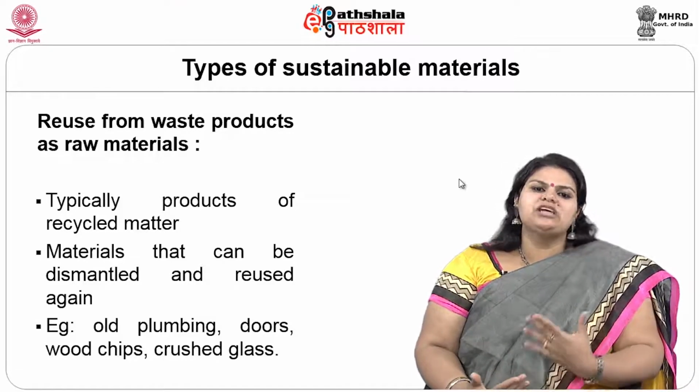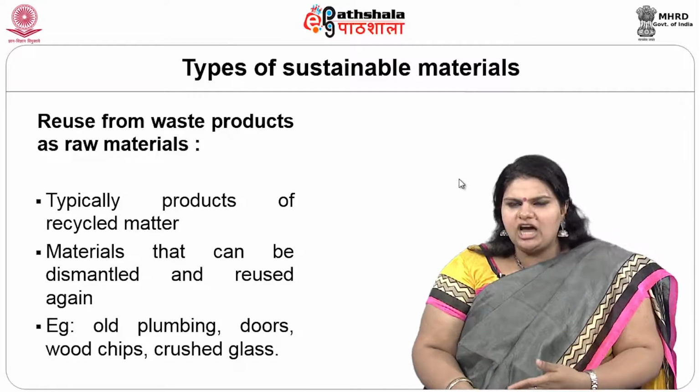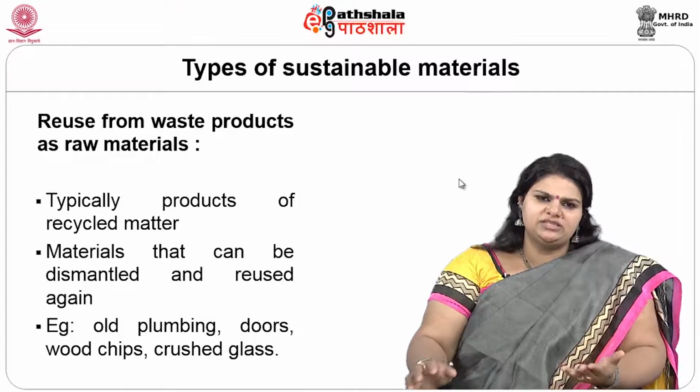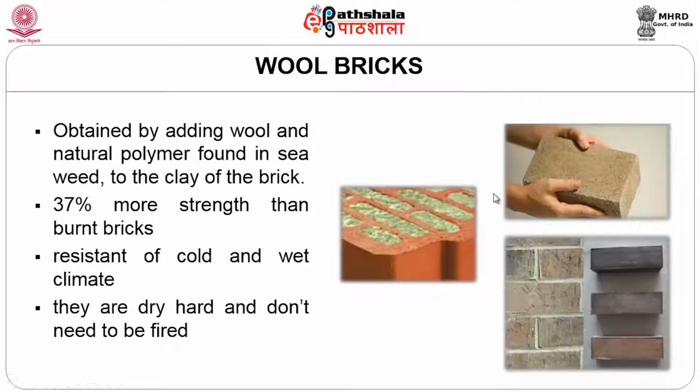Typical examples are plumbing, doors, crushed glass, concrete slabs, wood chips, etc. This is a new building material, typical of sustainable building materials that have entered the market. Wool bricks are obtained by adding wool and certain kinds of natural polymers found in seaweed to the clay of the brick.